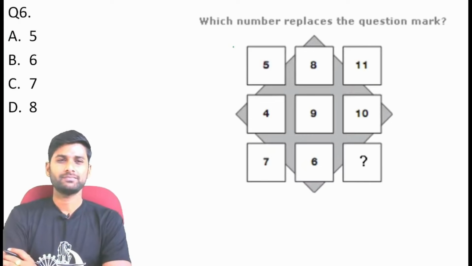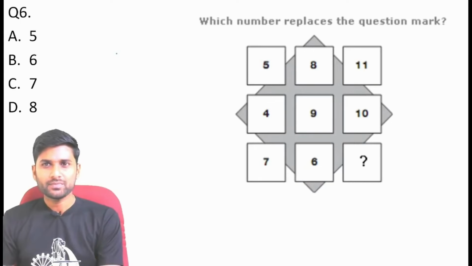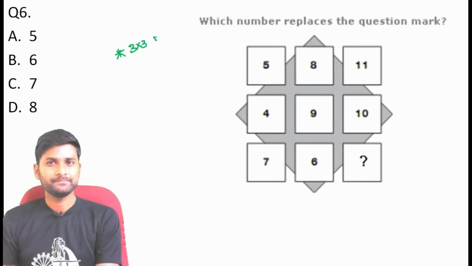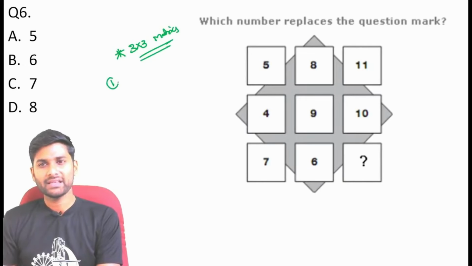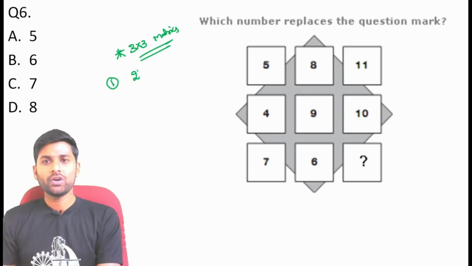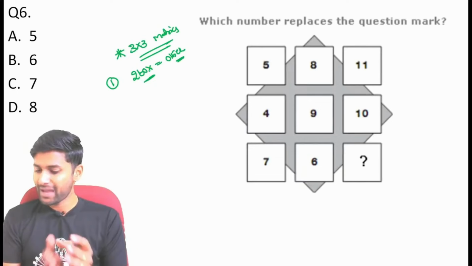Next one, sixth question. Now see, guys, if any 3 by 3 matrix is given, remember, guys, any two boxes' resultant is exactly equal to the other box's resultant. Resultant means definitely they are performing some mathematical operation.